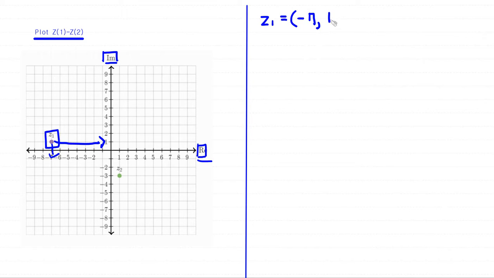And this point right over here is in the second quadrant, where the x value is negative and the y value is positive.